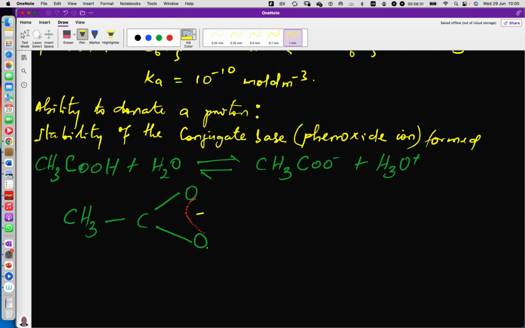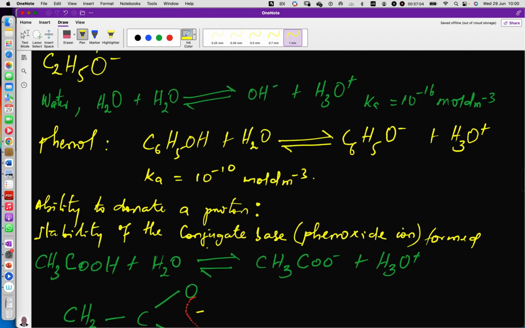The high stability of the ethanoate ion is a result of the negative charge that is spread throughout the COO minus group. It is that negative charge that gives ethanoate its stability.